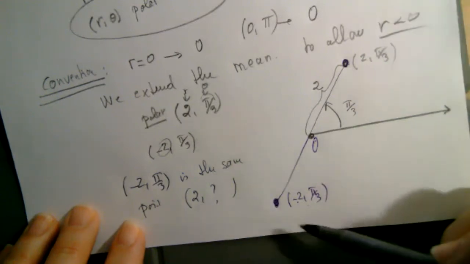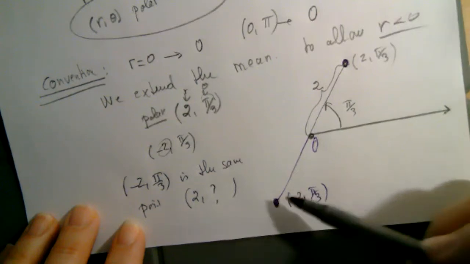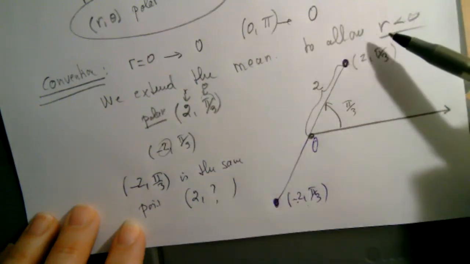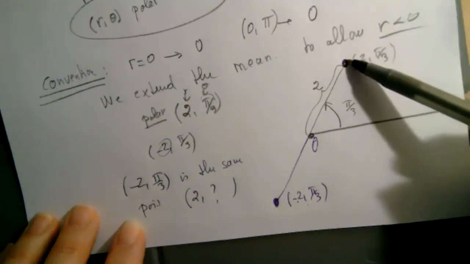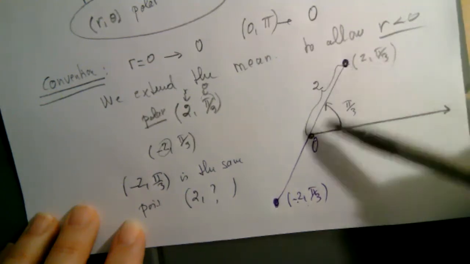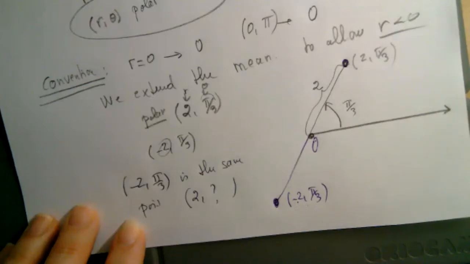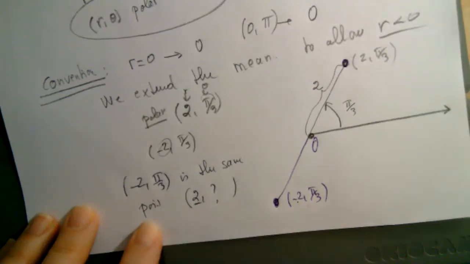So minus 2, we're allowing r to be negative. Minus 2 by definition is the point that is symmetric to (2, pi over 3) with respect to the origin. So you just take this point and you go right there. That's the convention. Now I'm telling you that it's the same as the point 2, and now my 2 is positive, meaning it represents the distance.